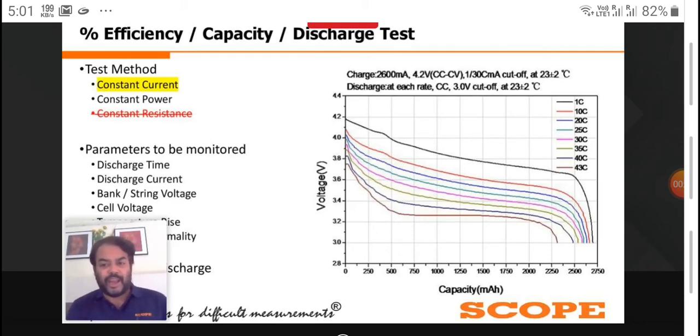But when I am discharging it at 10 times or 20 times or 40 times, then I am not getting the expected result. I am getting lesser actual capacity, so the percentage efficiency is going down. So that is the relation between the percentage efficiency and the round trip efficiency I explained earlier. Hope I could clear it up, sir.